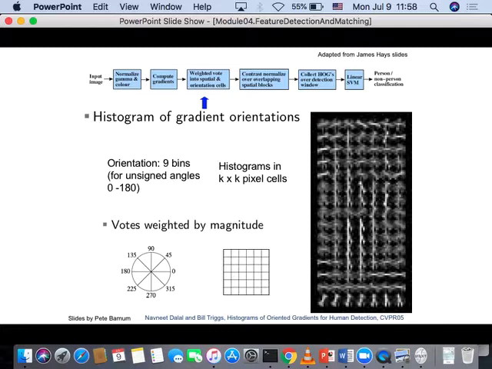We'll talk about that. This is not a very clear picture, but I get these histograms at a lot of locations. These are basically orientation histograms, so they are being shown by the length of the vectors in the histogram bins. As usual, the votes are weighted by magnitude.